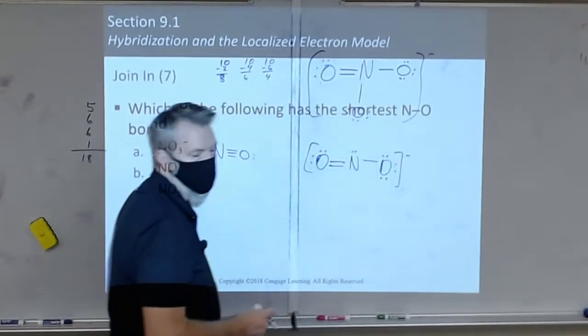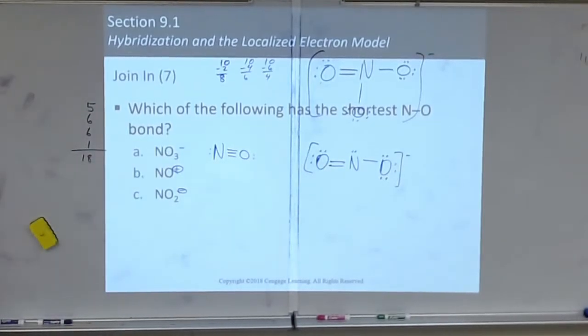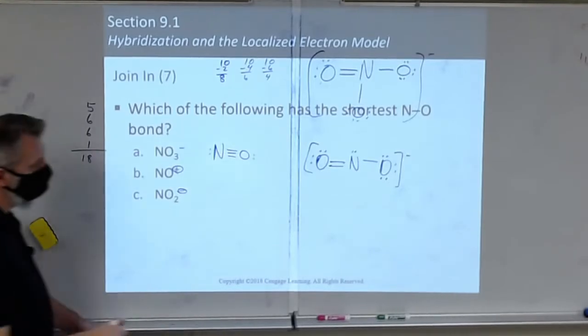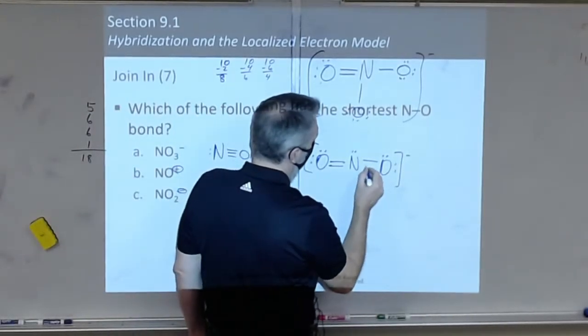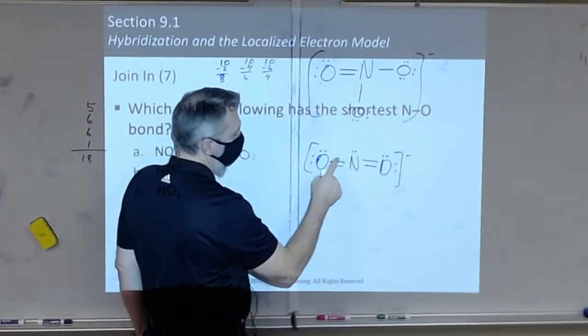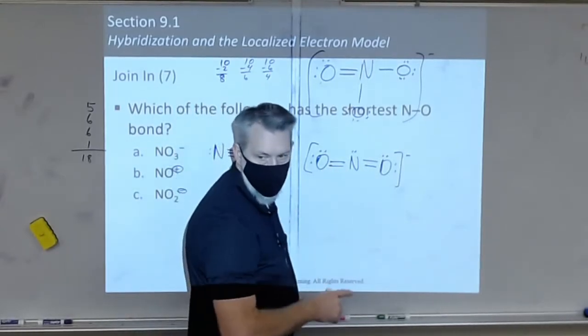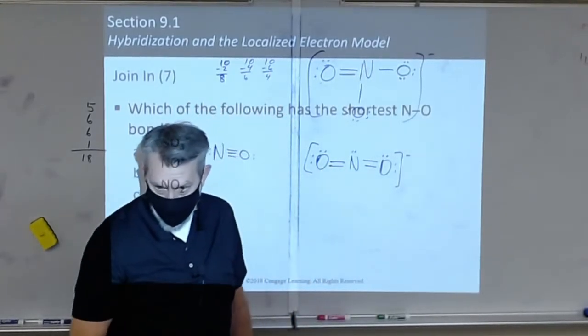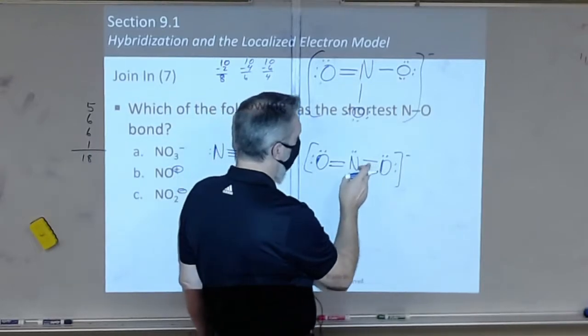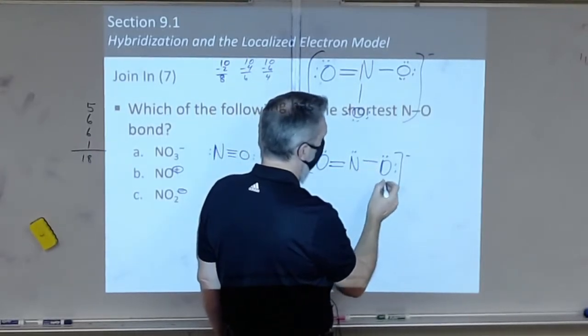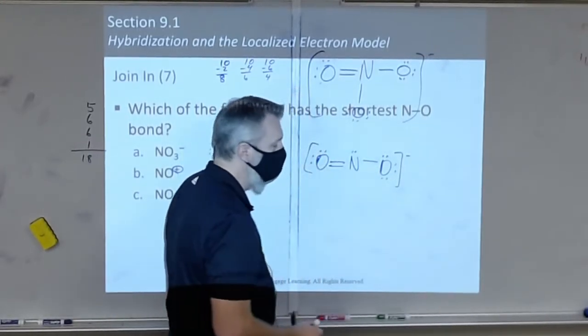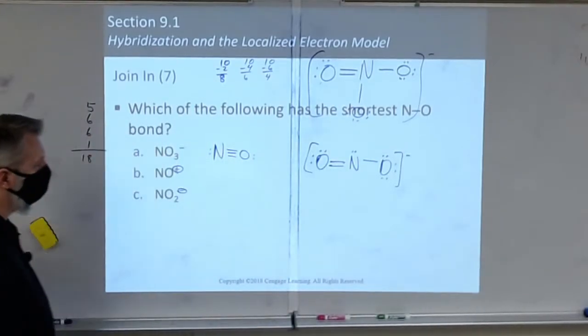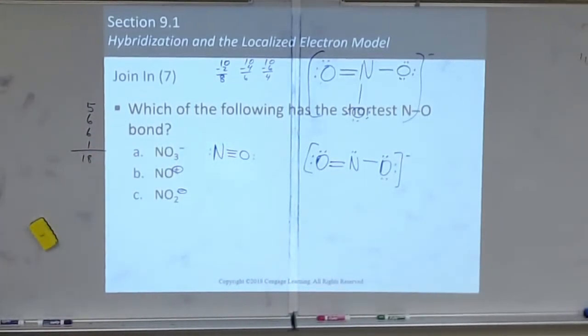No, I just had one electron. Let's look at it. So if I do that, now I have 2, 4, 6, 8, 10. And nitrogen cannot have an expanded octet. It was fine for oxygen. Okay. And again, we'd have to have a resonance structure. All right. Shortest bond is going to be what?